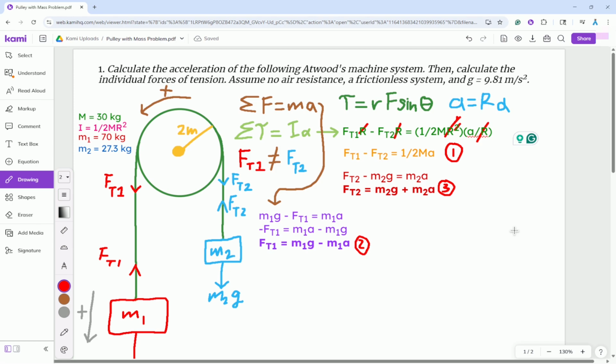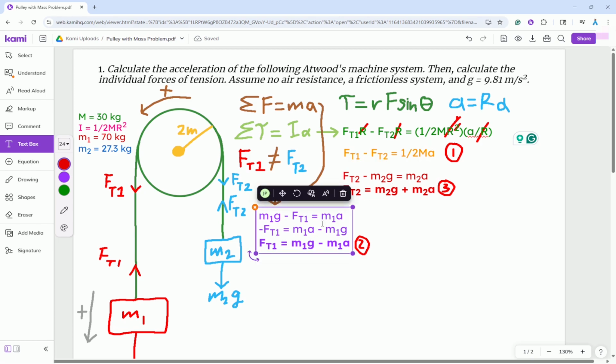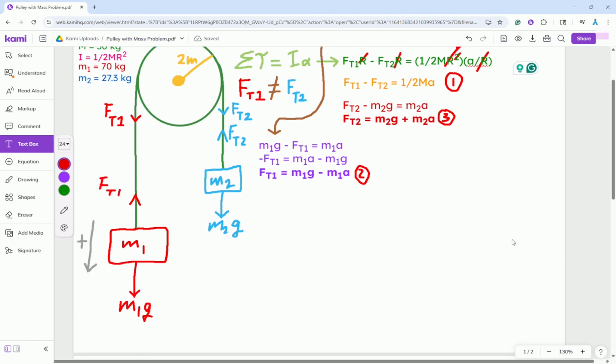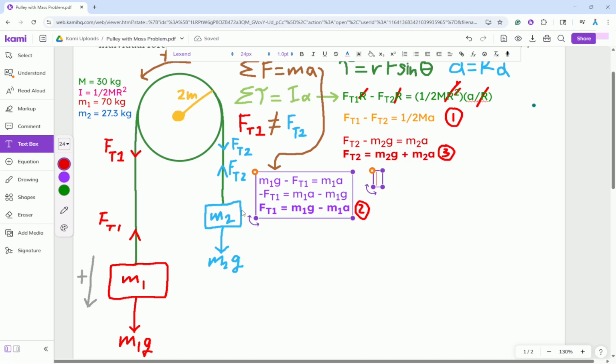Now, guess what? Remember this equation that we have on the top? We can sub these values in for FT1 and FT2, and then we could solve for A. Really? Yeah, I'm serious. Now we're gonna have this master equation. Okay, let's write this out.